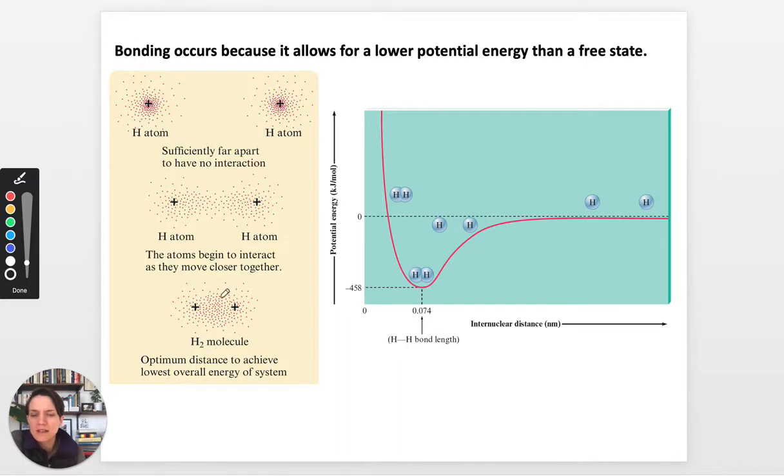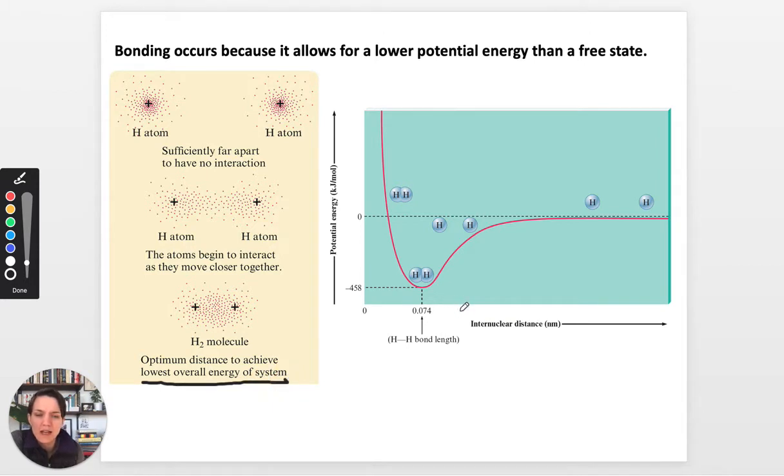But then we have the actual bonding of our hydrogen molecule. And notice that it's this distance between our hydrogens is such that it allows for the overall system of the energy to be the lowest, right?